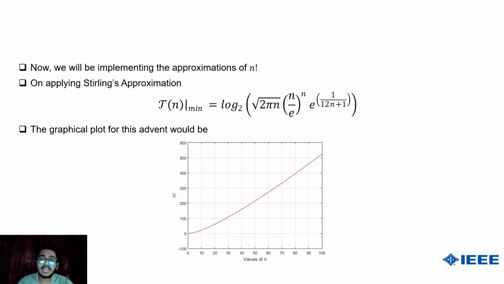When we apply Stirling's approximation, we will get something like this. It is basically the approximation of n factorial given by Stirling that has been plugged into the log of n factorial. The plot that we will have in this case is similar to the n factorial plot.